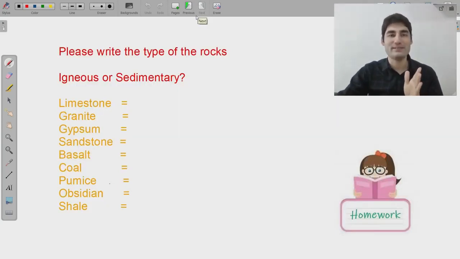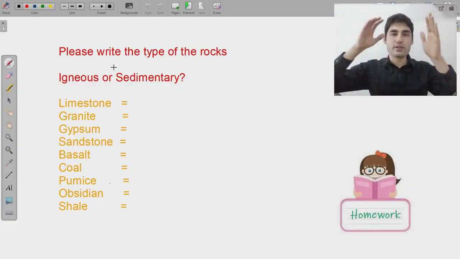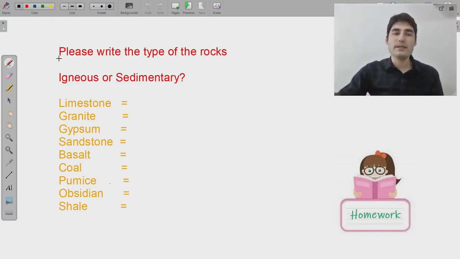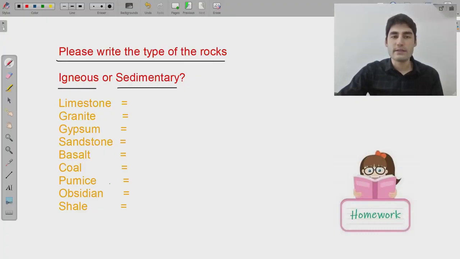Before we finish the class today, I will give you another homework, which is super easy. You can do it. Please write this homework in your notebook. Write the type of the rocks. Is it igneous or sedimentary? For example, number 1 is limestone.